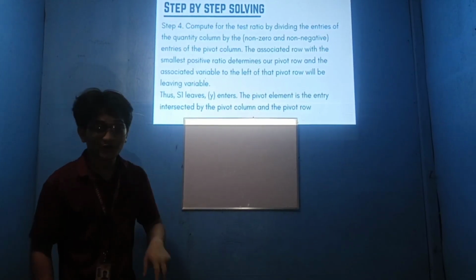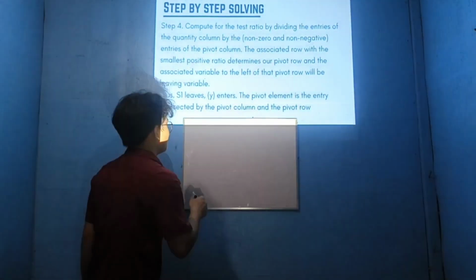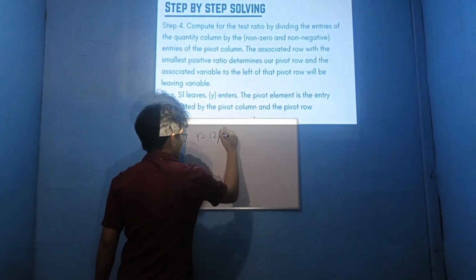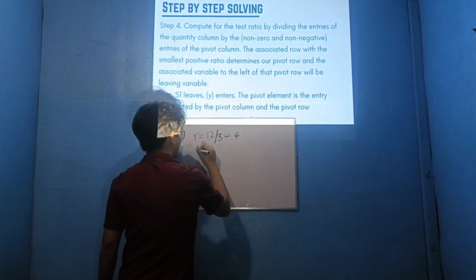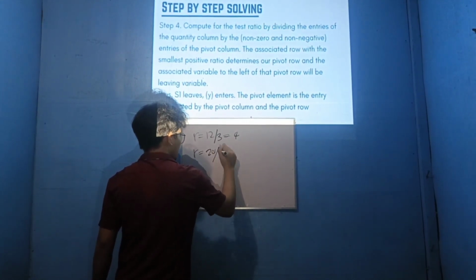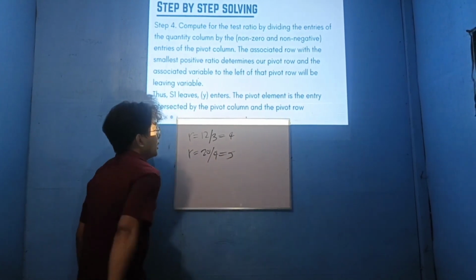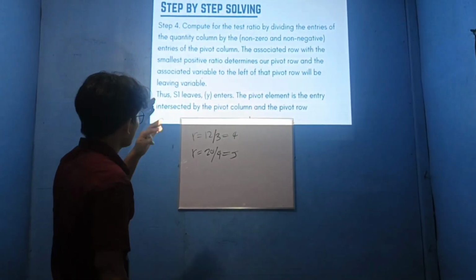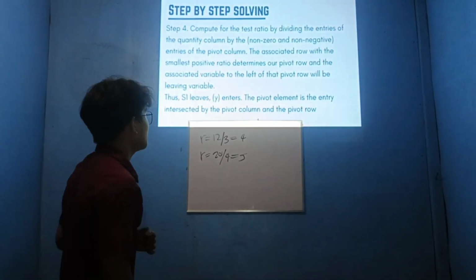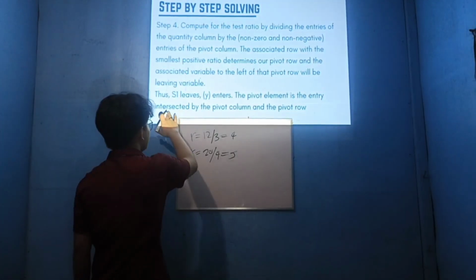For step 4, we need to test the ratio. We have R is equal to 12 divided by 3 is equal to 4. Our R is equal to 20 divided by 4 is equal to 5. The associated row with the smallest positive ratio determines our pivot row, and the associated variable to the left of the pivot row will be the leaving variable.